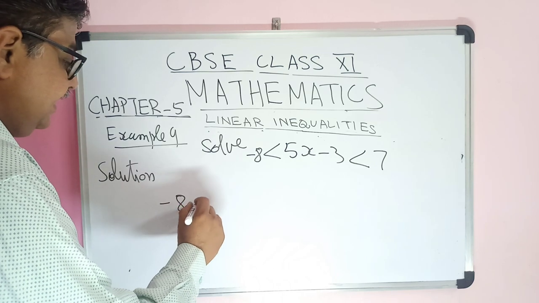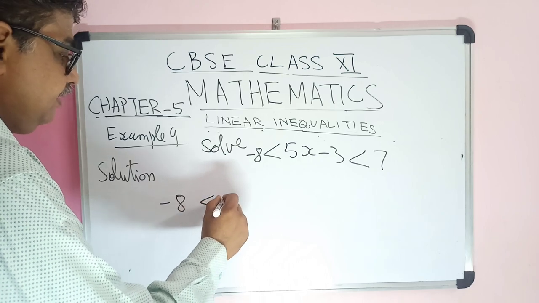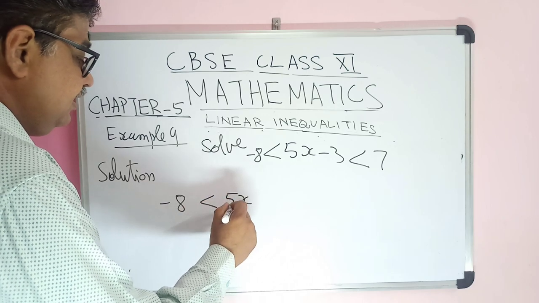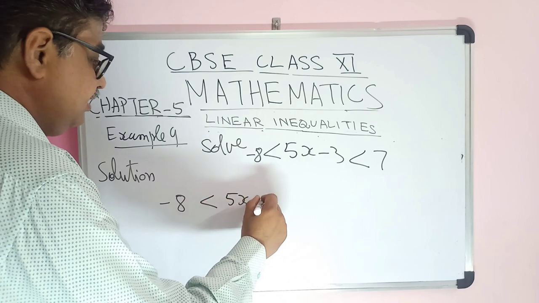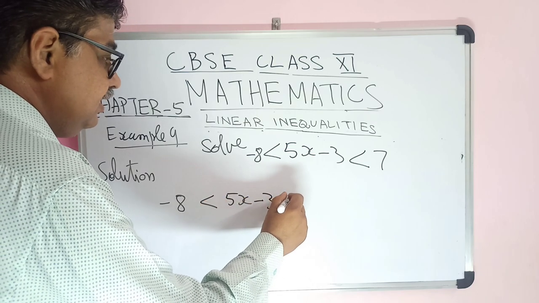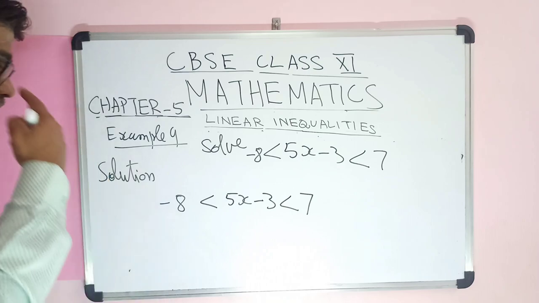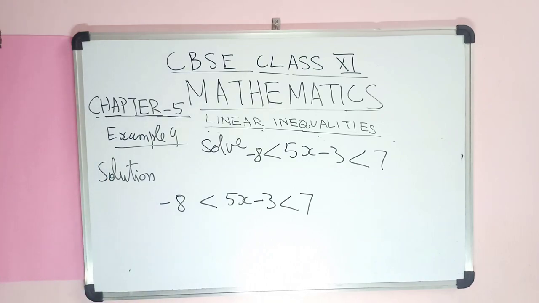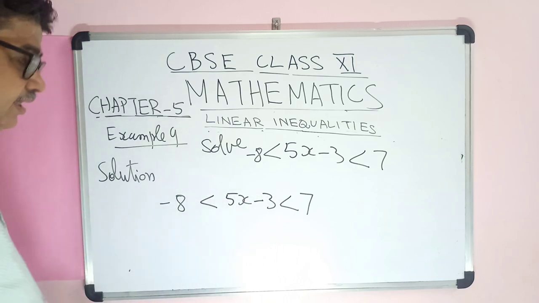So minus 8 less than or equal to 5x minus 3 less than 7. We have two inequalities here.